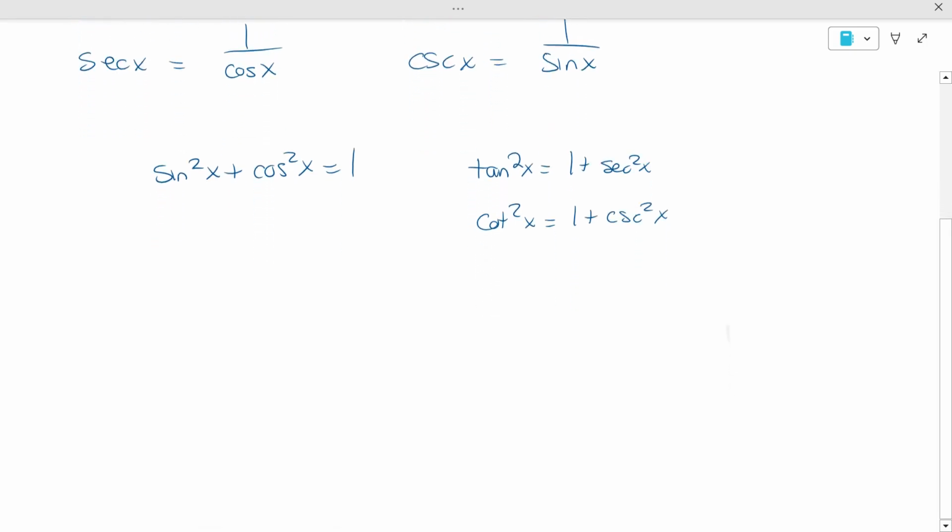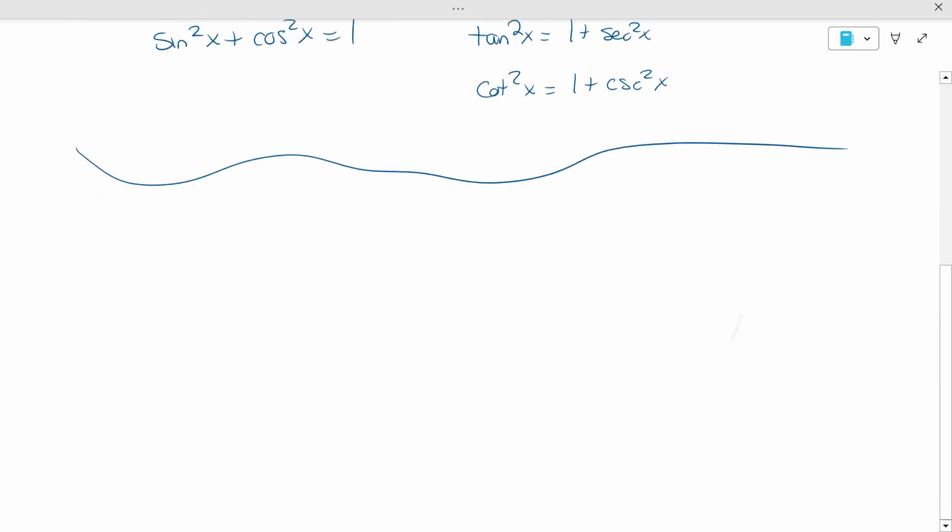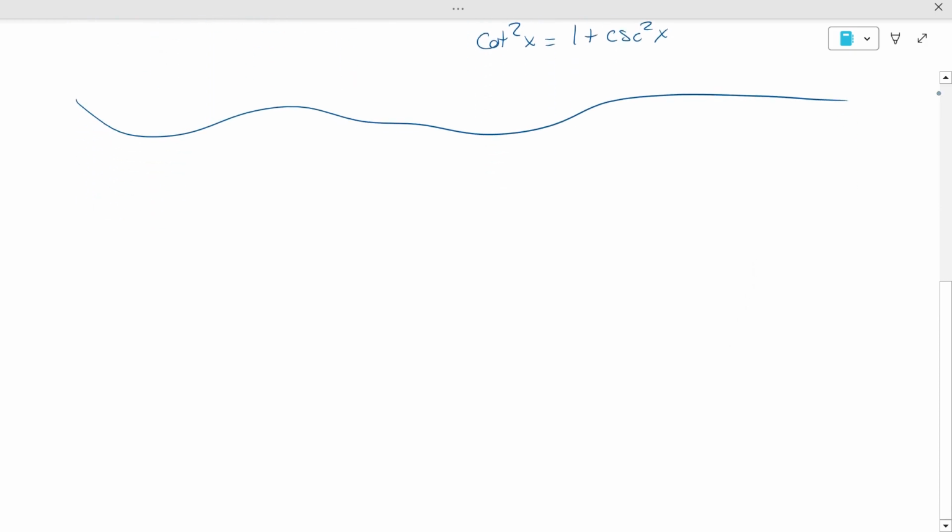So let's look at some examples of what we're going to be doing. Let's say I have the cosecant of x over the cotangent of x, and I want you to put it in terms of sines and cosines and simplify.